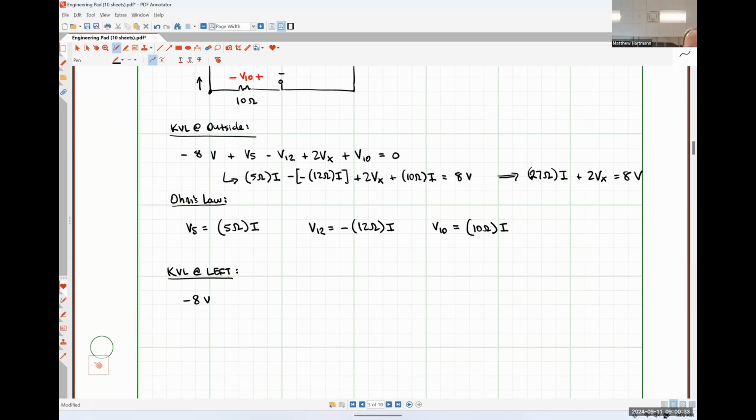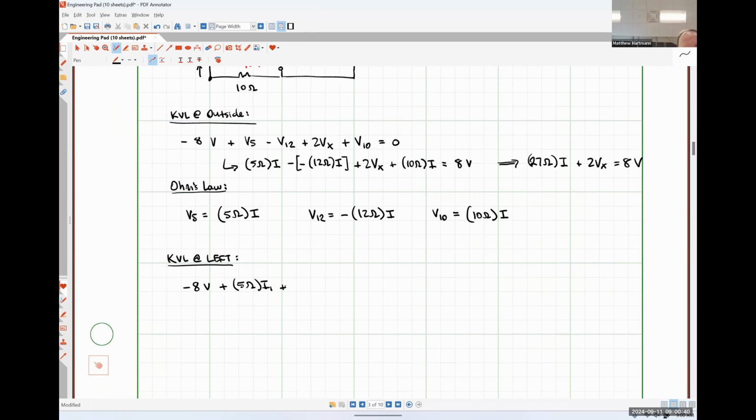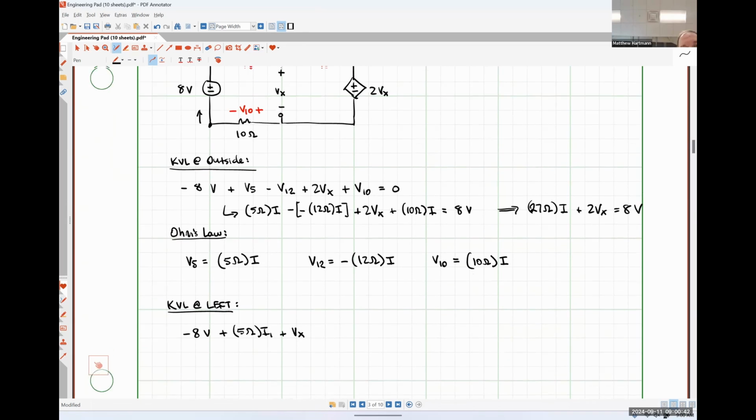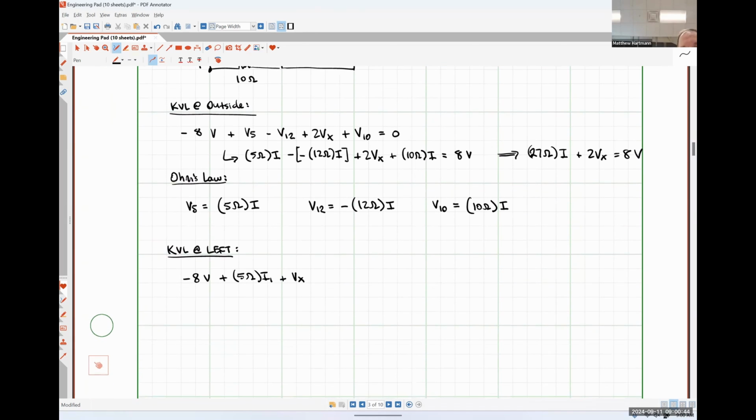So let's call that plus 5 ohms times I1 plus Vx plus 10 ohms times I1 is equal to 0. Grouping things together, that's going to look like 15 ohms I1 plus Vx is equal to 8 volts.